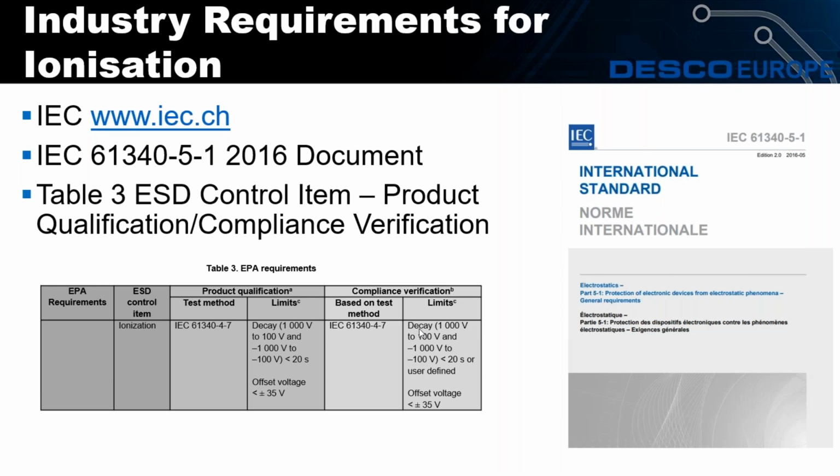A static event happens in much less than 20 seconds, so what you're actually looking for is to get that decay time as close to 0 seconds as you can possibly get. And again, for compliance verification, the offset voltage must not be greater than 35 volts, either positive or negative.